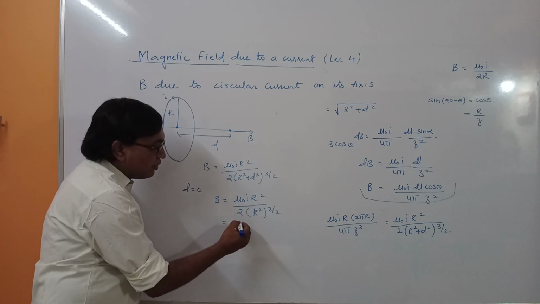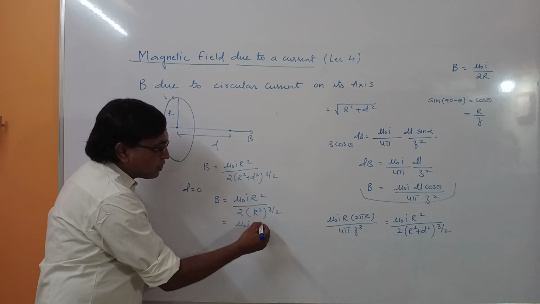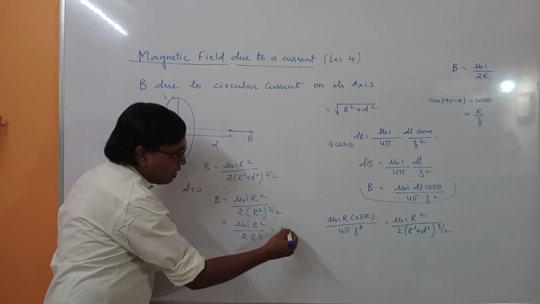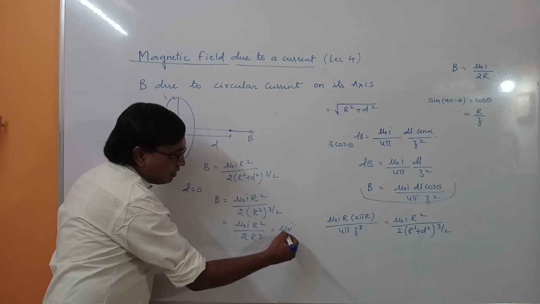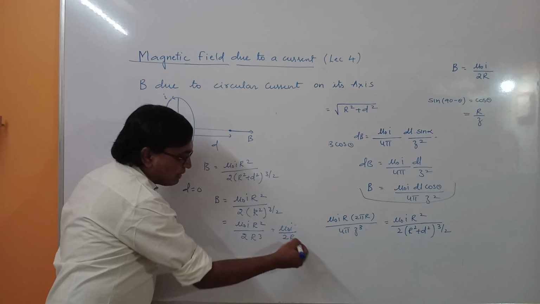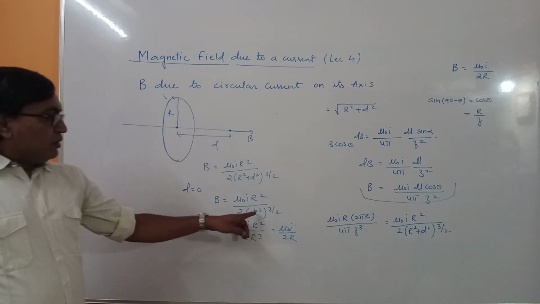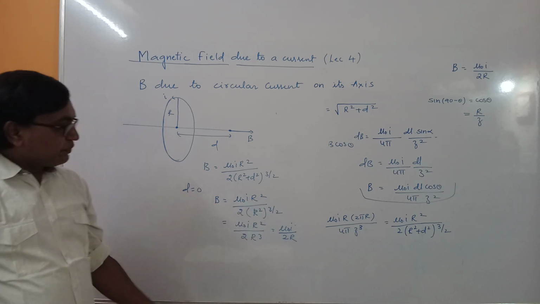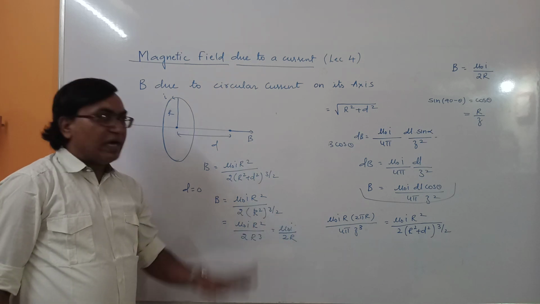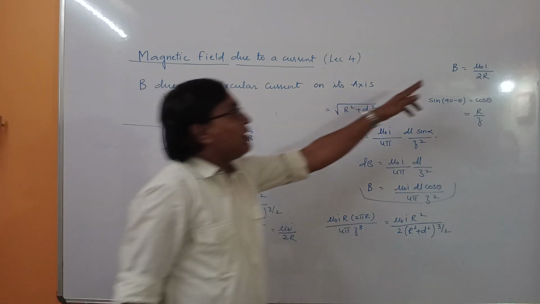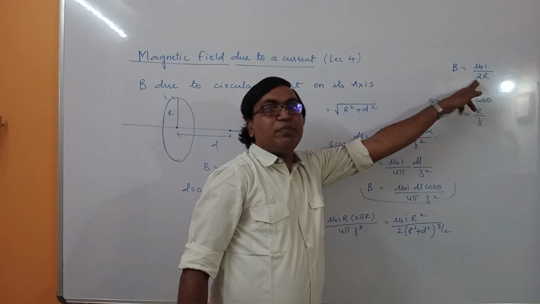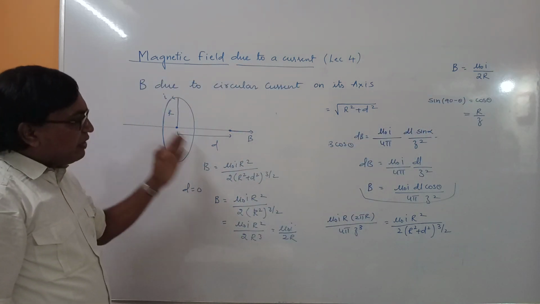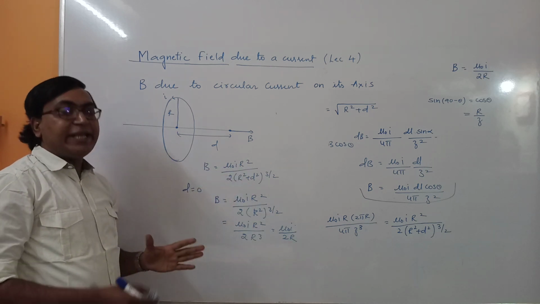So this will be mu naught I r square upon 2r cube, which is mu naught I upon 2r. Okay, r square raised to 3 by 2 is r cube. Then we have mu naught I by 2r, the same which we found for a circular loop at its center. So on the axis you can find the field wherever you want by putting in the value of d.